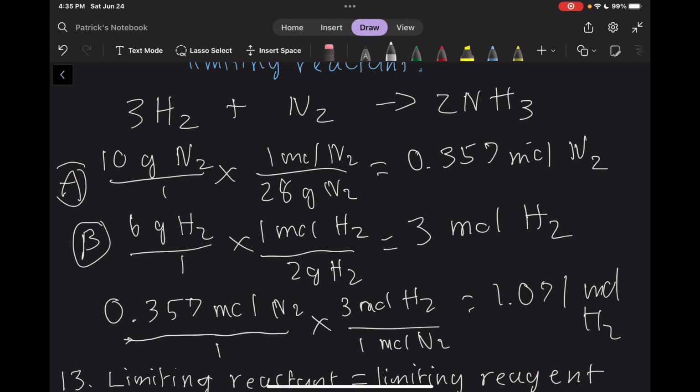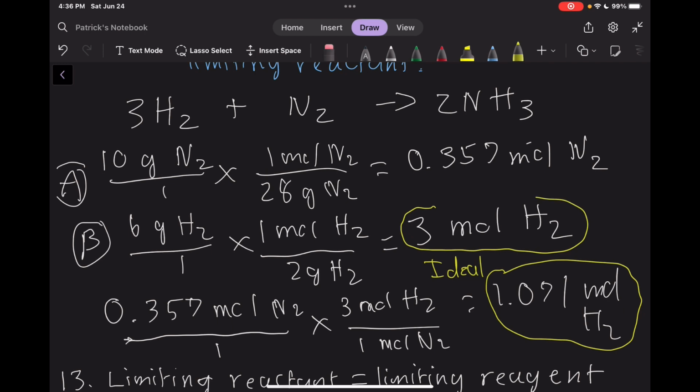This value here is our ideal or hypothetical amount of B. But our actual amount of B, according to our given quantities, is 3 moles of H2.